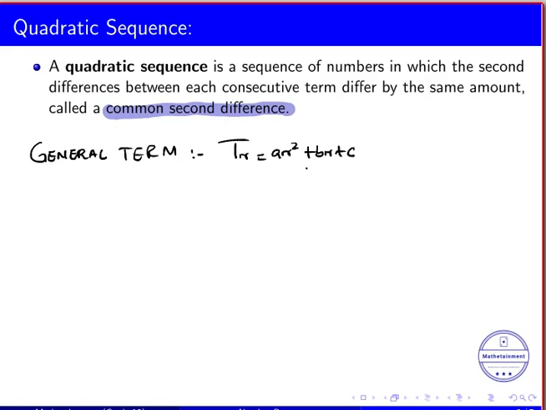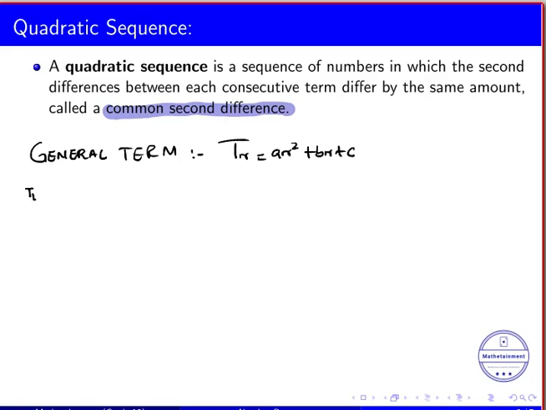A general term is an equation that we can use to find any term that lies within that given quadratic sequence. Let me find the first four terms of the sequence.